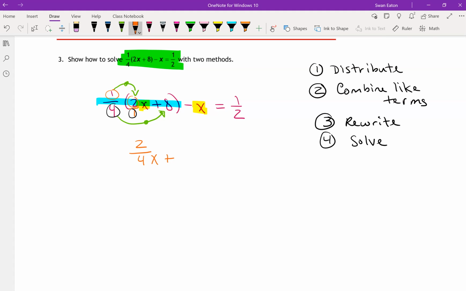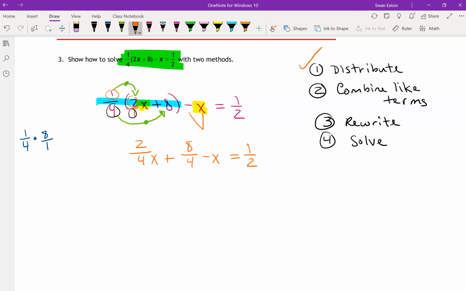Well, it's getting messy there. So I'm going to do it over here on the side. 1/4 times 8, and I'm going to make it a fraction by putting a 1 under it. So 8 times 1 is 8. And then 4 times 1 is 4. Then I can't forget to bring down this minus x equals 1/2.